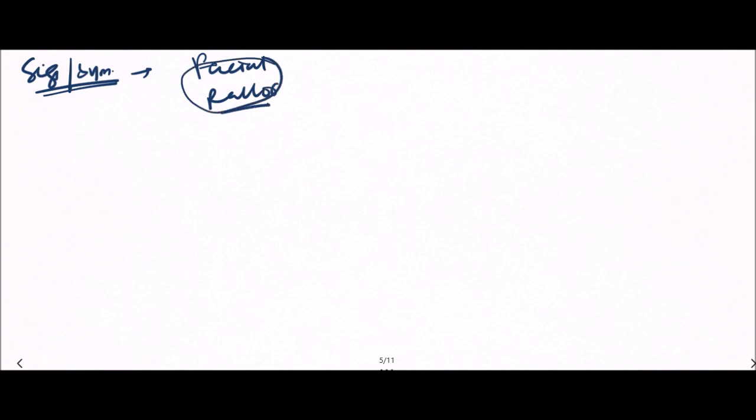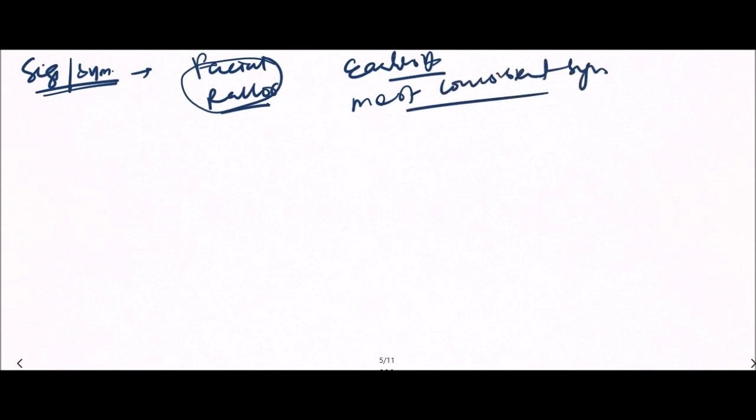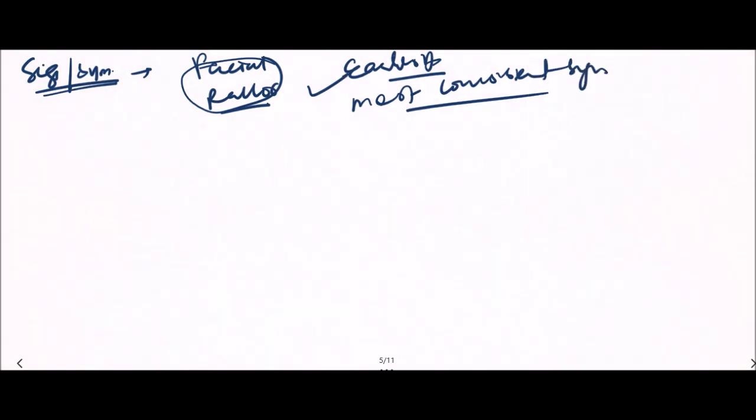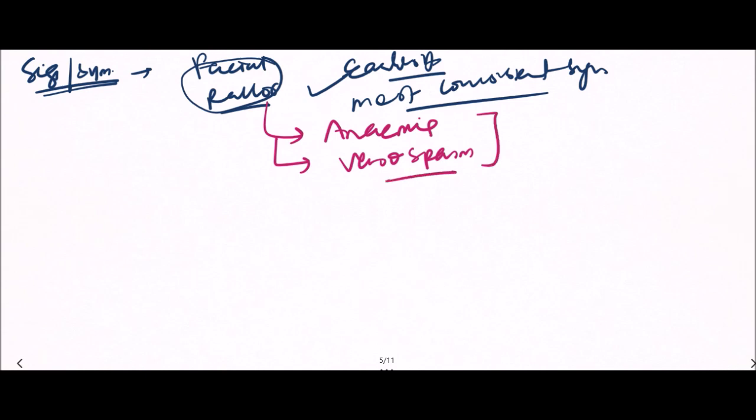This is the earliest and most consistent sign of lead poisoning. What is the reason for facial pallor? First is the anemia, and secondly vasospasm. So these two are the reasons for facial pallor.